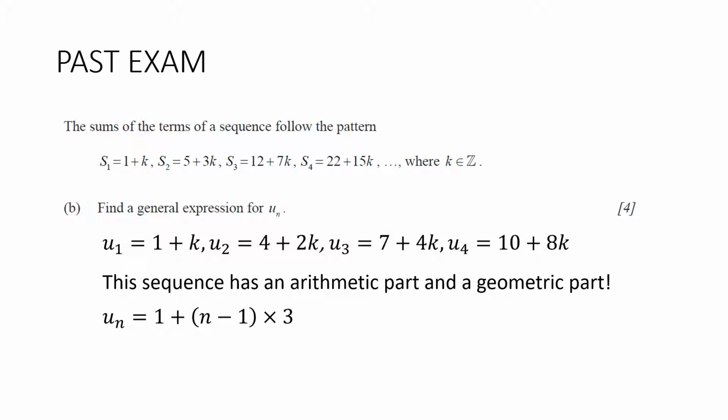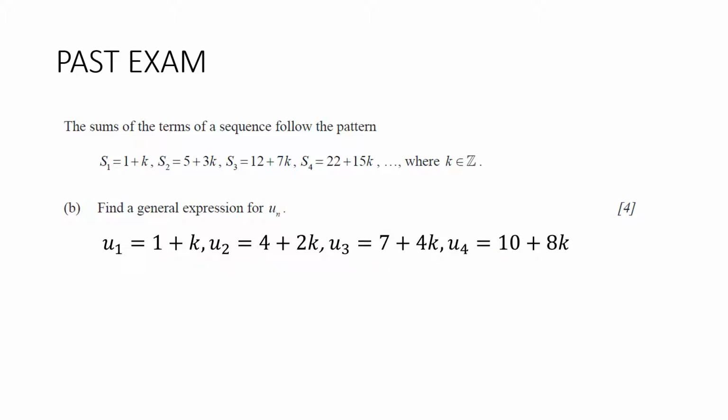So here's our arithmetic part. First term is 1. We don't know n. Common difference is 3. Tidying that up, we get 3n minus 2. So that's going to account for the 1, 4, 7, 10. Now let's do the geometric part. So in this case, the first term is k and r is 2.